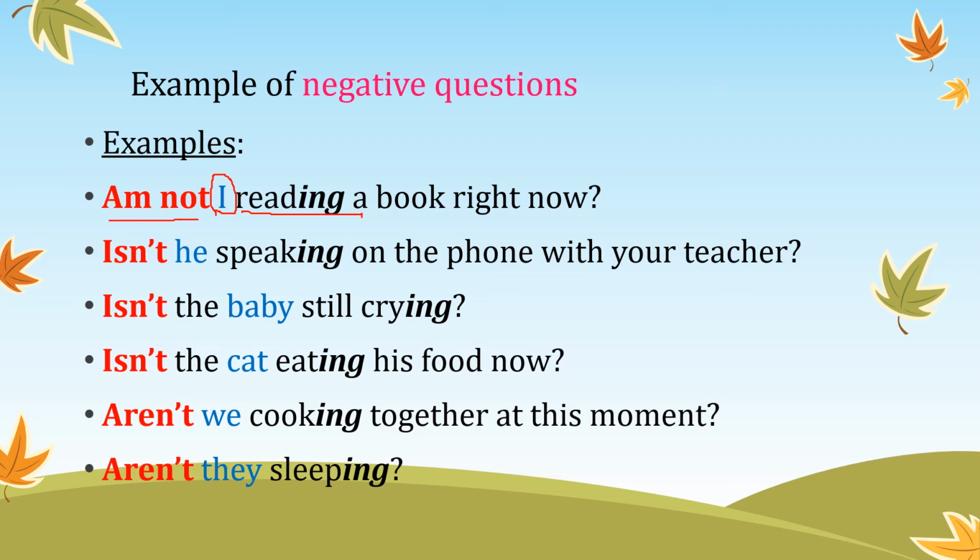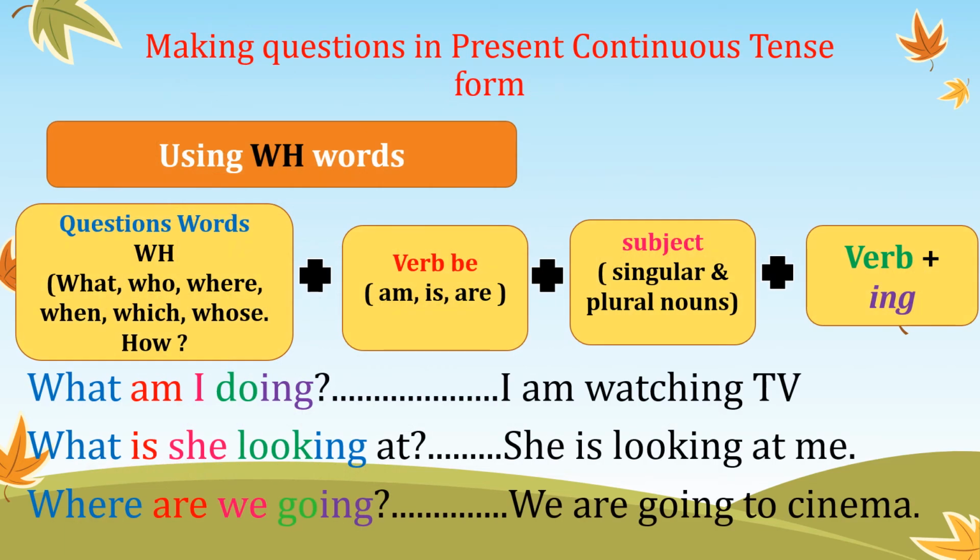Okay, and followed by the next example. This is the third example of questions using present continuous tense. We use the WH words. The structure is a little bit different from the positive and the negative questions, but it's very familiar because it's definitely a common question when you ask people.